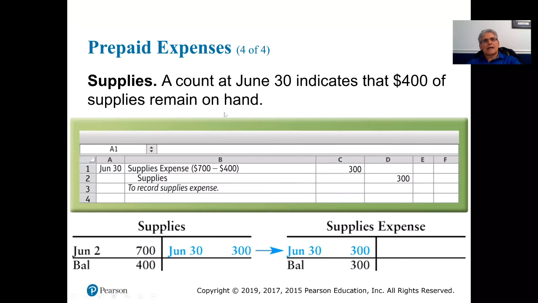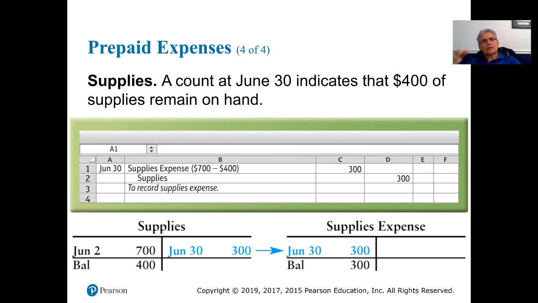Okay? Now, on June 30th, at the end of the period, at the end of the month, somebody goes through to the supply cabinet and looks at what is there. And they say, okay, well, not everything that we purchased on June 2nd is still here, so let's see how much we still have in terms of dollars. So they count what they have and they figure out what the cost was.